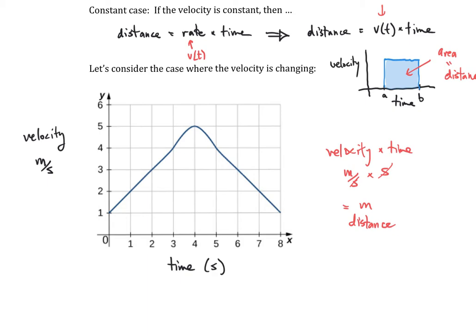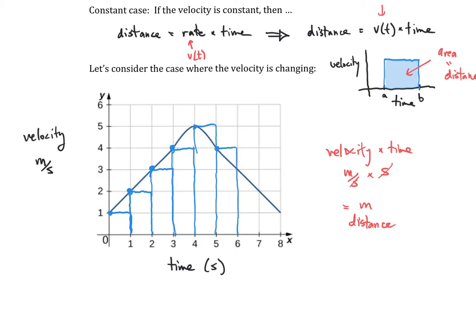What we're going to do is approximate the area under the curve basically using rectangles. So let's say I used left endpoints. Then my first rectangle would be there. My second rectangle would be there. My third rectangle would be here. My fourth rectangle, remember I'm using left endpoints. My fifth rectangle is up here. My sixth rectangle is up here.